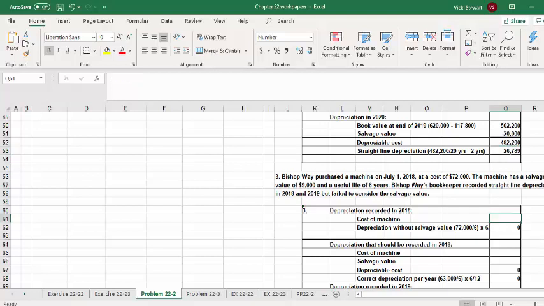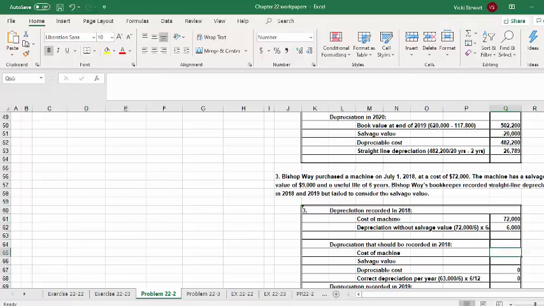The cost of the equipment was $72,000. The bookkeeper did not subtract the salvage value of $9,000, so it was being depreciated for half a year the first year at $6,000.